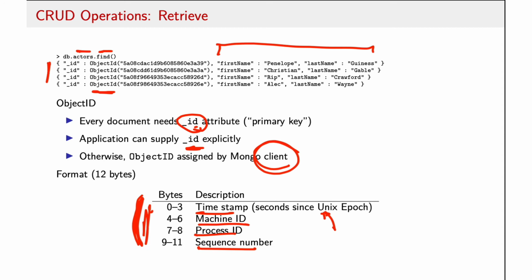The idea here is that by gathering together these 4 attributes, we're going to pretty much guarantee that any object that gets created anywhere in a distributed Mongo database is going to be globally unique, without any kind of coordination back and forth between the various clients that are accessing the database. And that's really important.